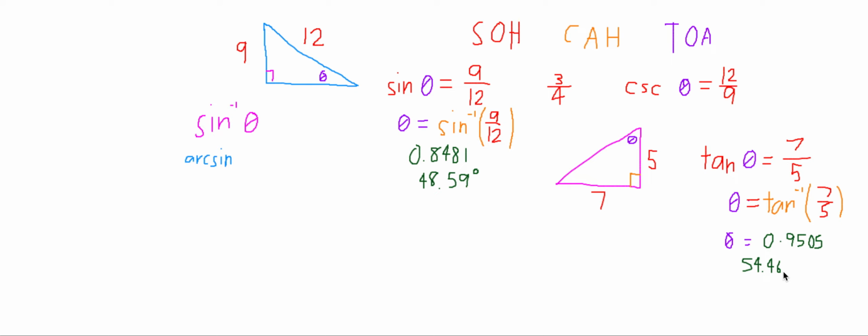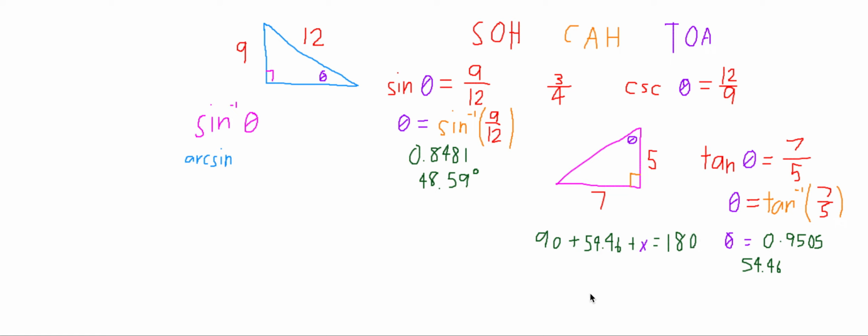So now we just want to solve for the missing angle. Now that we have 54.46, in order to get the missing angle, we have 90 plus our new measurement, 54.46, plus our missing angle, which I'll put in a different color, equals 180.